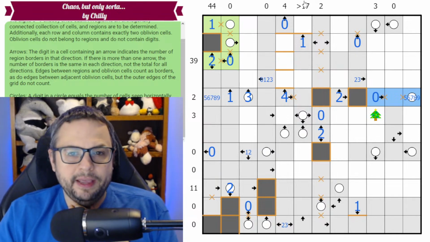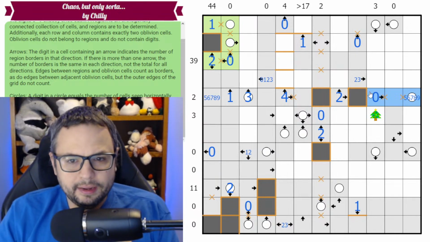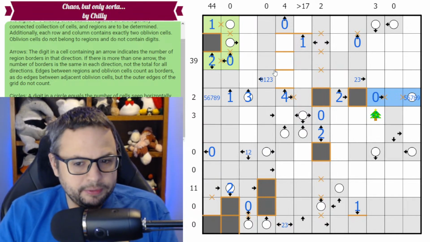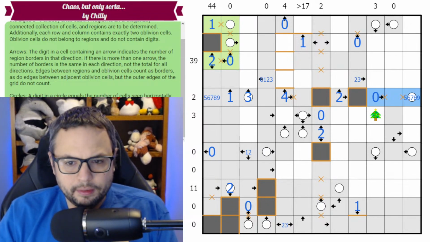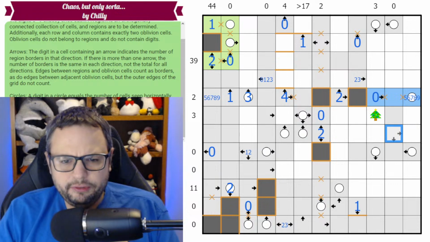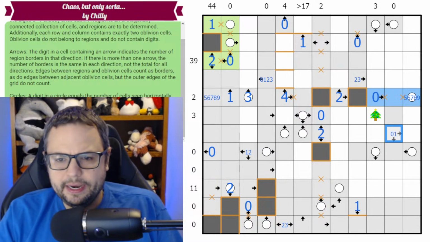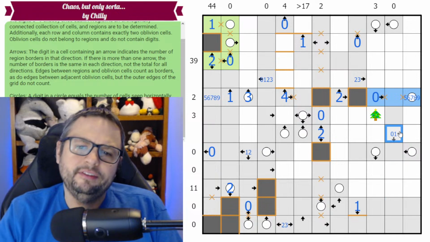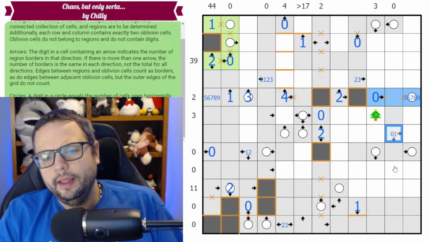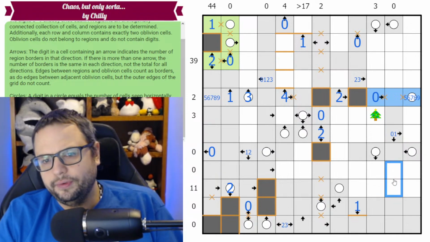I've just noticed we have a math pesto clue up here. I had not originally appreciated the math pesto clue. Oh, this has been 0 or 1 for a long time, and I never noticed. But that means because this is a 0 or a 1, these can't be the 2 Oblivion cells for the column.